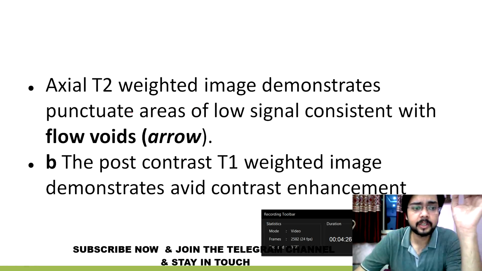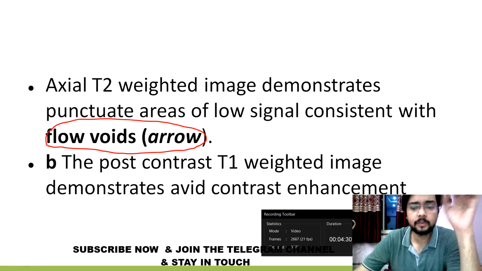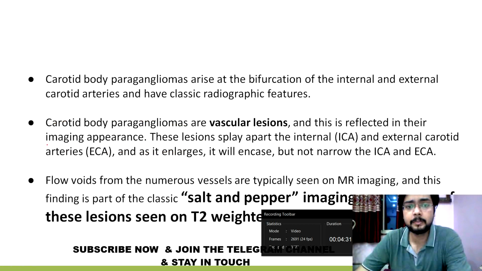MRI on T2 weighted images is showing you some flow voids, and by flow voids what I mean is it is showing a specific salt and pepper pattern. In your journey through NEET PG you have seen different salt and pepper appearances. This is one among them.